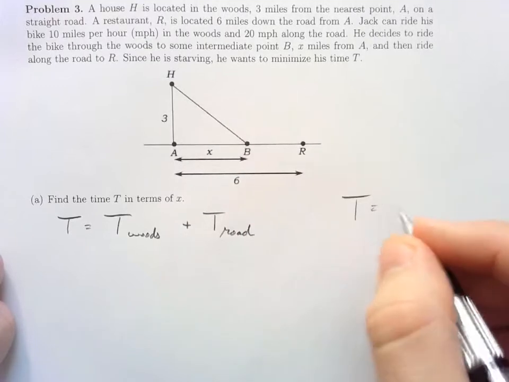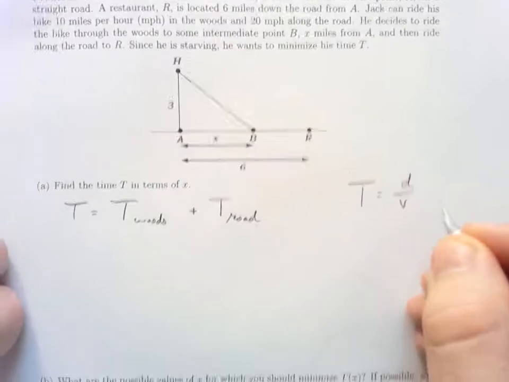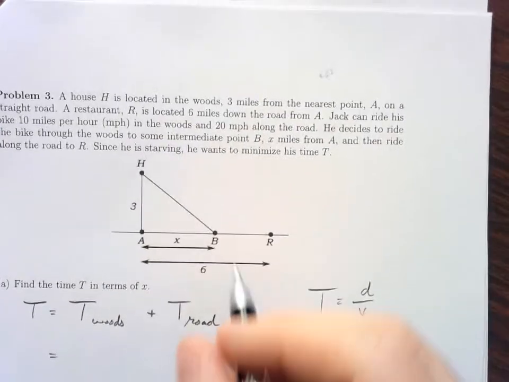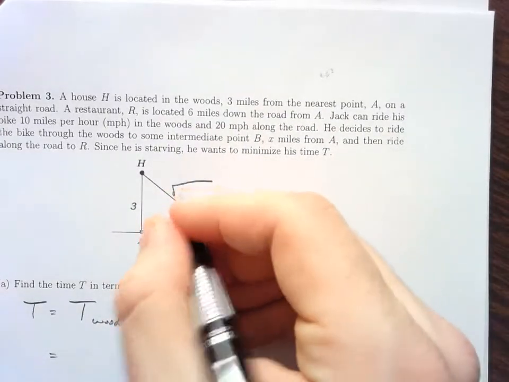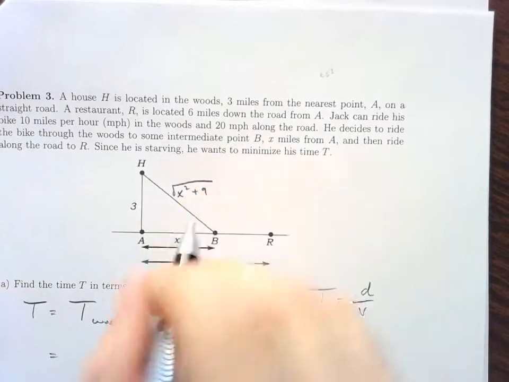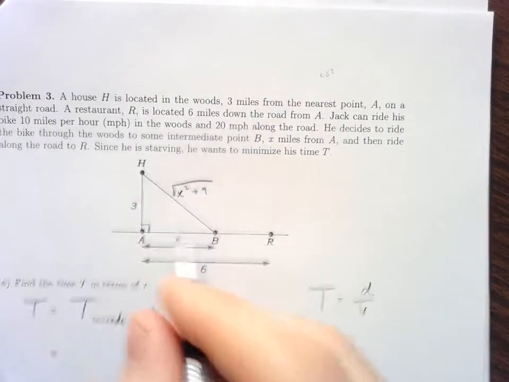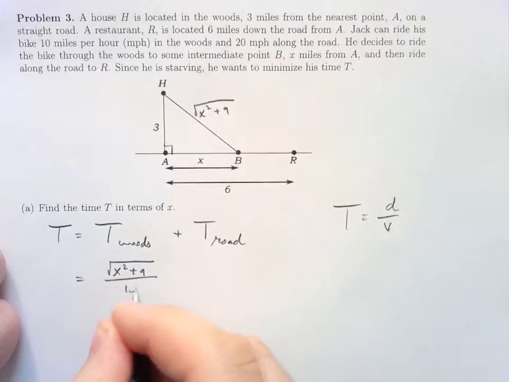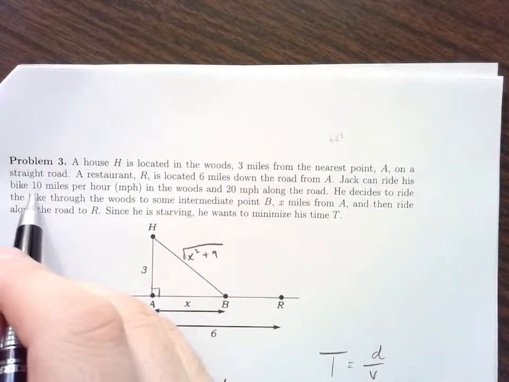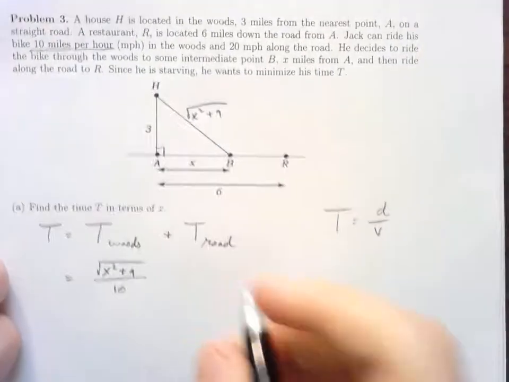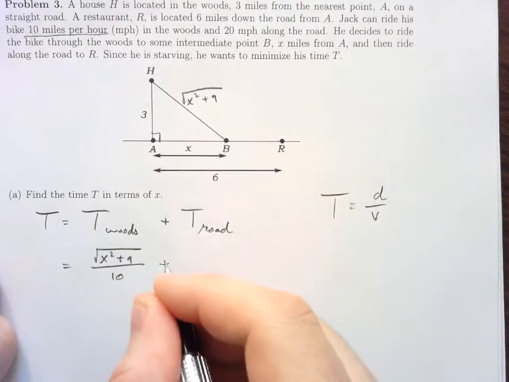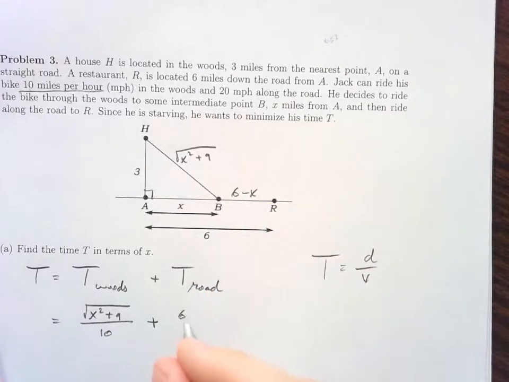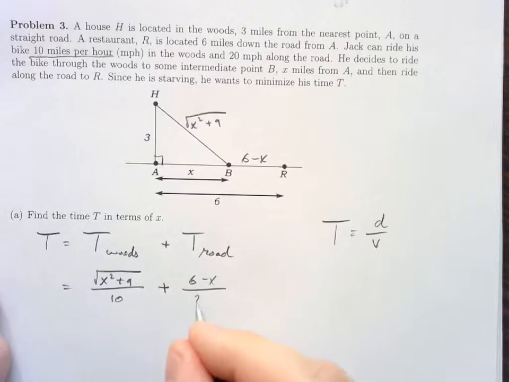And I know time is distance divided by velocity, just by doing a unit analysis. So the time spent in the woods is the distance spent in the woods, which is square root of x squared plus 9, which is the 3 squared here in this right triangle, divided by 10, which is the velocity of the biker through the woods, plus now the distance on the road, which is 6 minus x, divided by the velocity there, which is 20.